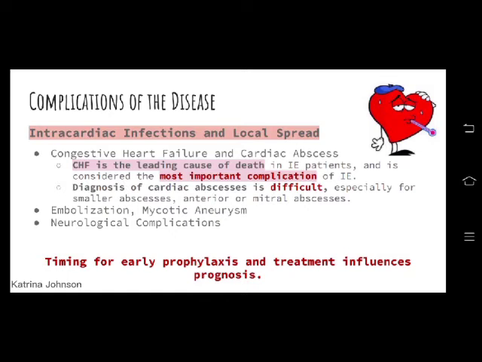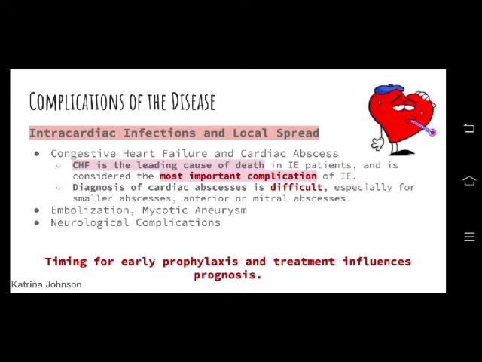And lastly, for this category, we have neurological complications. It's a pretty broad subset, I guess you could say. But neurological complications develop in 20 to 40% of patients that have infective endocarditis. So this represents a really dangerous subset of complications, actually.